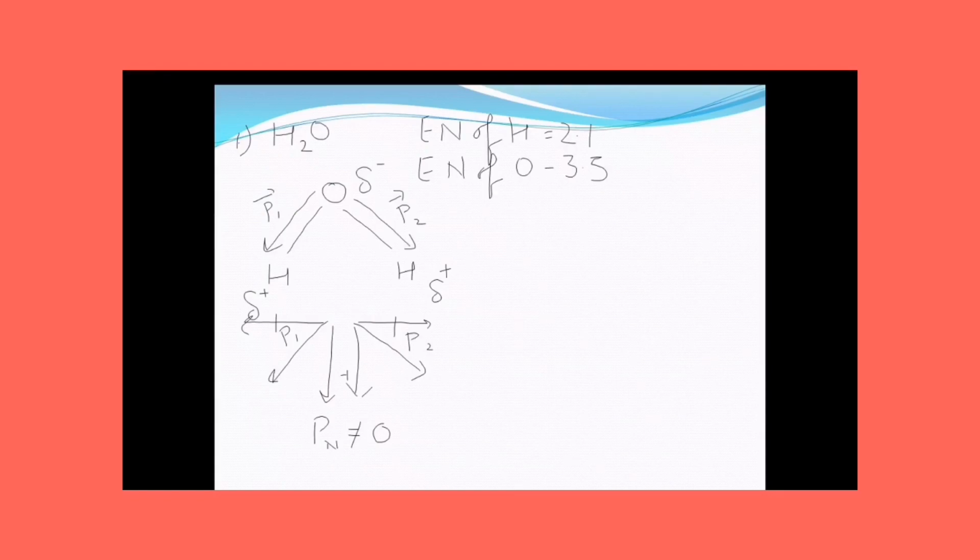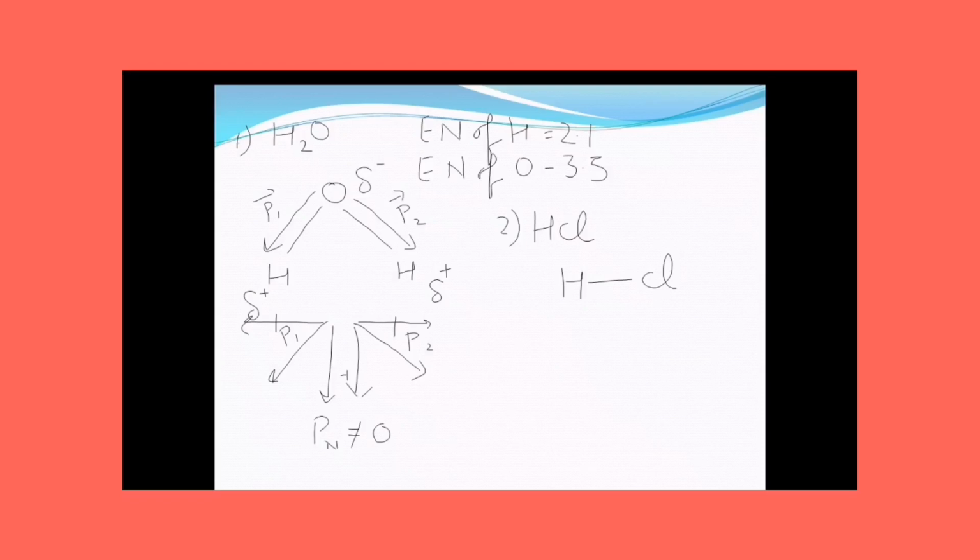Another example, HCl molecule. Now draw the structure of the HCl molecule. Electronegativity of chlorine is more than the hydrogen.